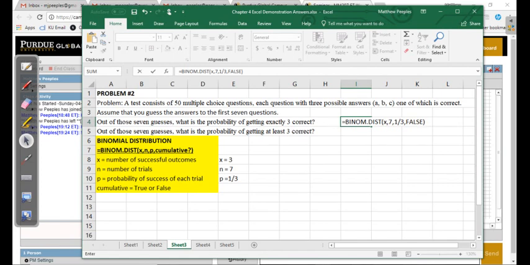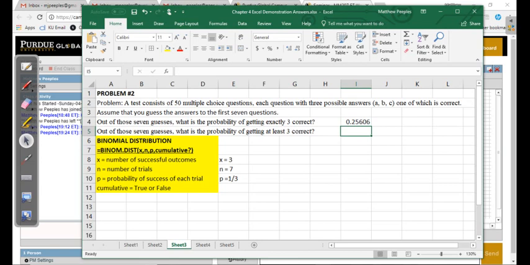So we're going to have to enter in 3 right here for x, and let's see what happens. There we go. So the probability of getting exactly 3 out of the 7 correct is about 25.61%, 0.25606.